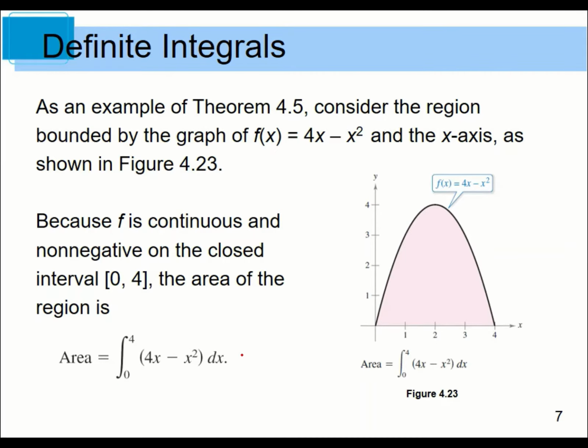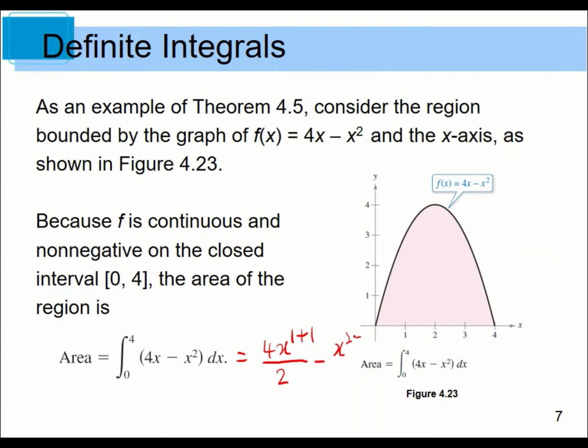First, we integrate 4x. The power is 1 here for 4x, so we add 1 to the power. This is 2, so divided by 2. Minus, integrate x squared.